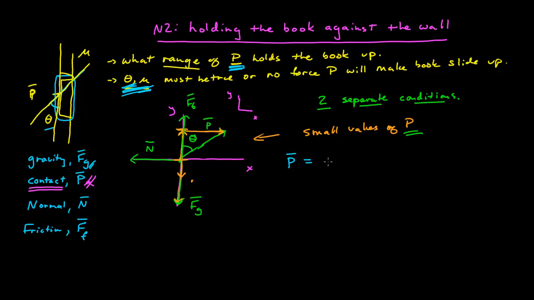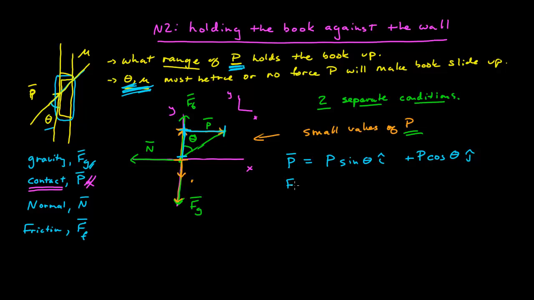So this contact force has some component in the x direction plus some component in the y direction. Again, I'm looking at the length of that triangle side and the length of that triangle side. From my coordinate system, I note that both components are positive.